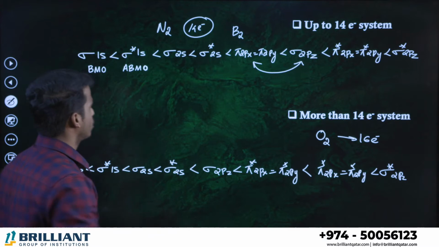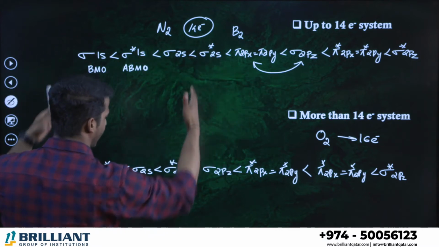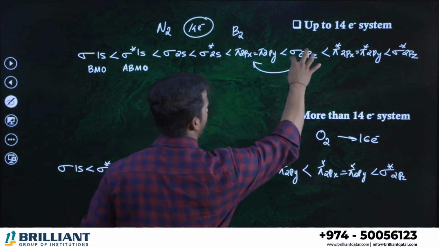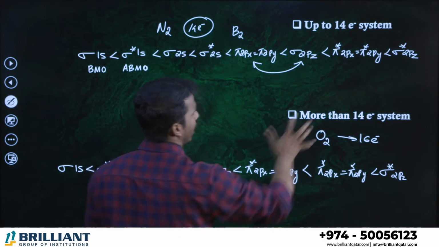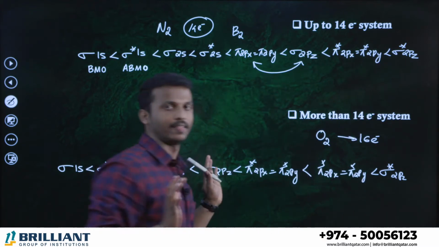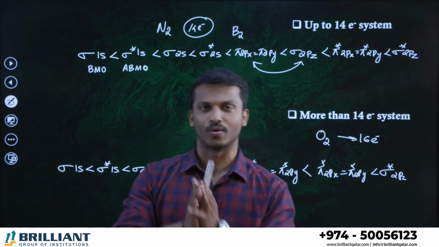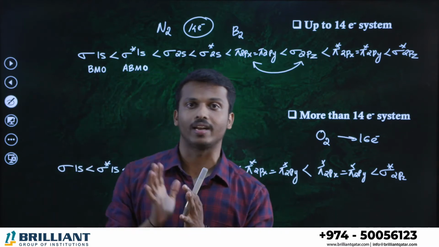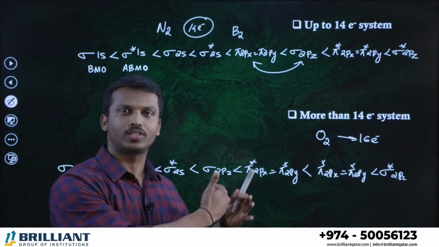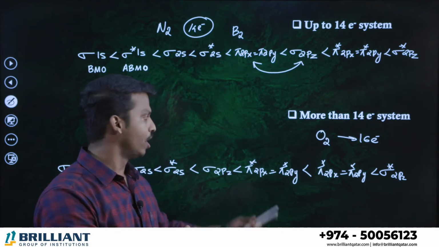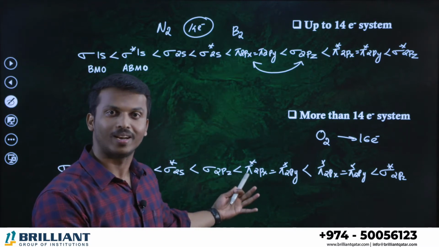That's it. First of all, I didn't make any change; I just copied. The 5th and 6th are interchanged, and the 7th and 8th are exactly like that. That's it. Now we can go for the questions. So, just study up to 14 electron systems, then rearrange the 5th and 6th, and you will get the equation for more than 14 electron systems.